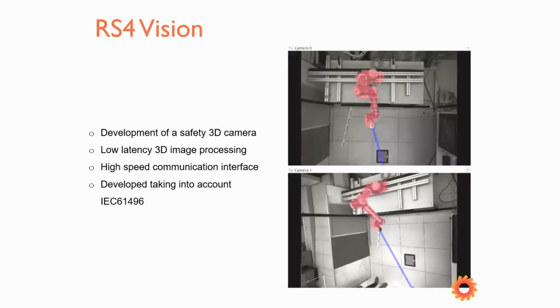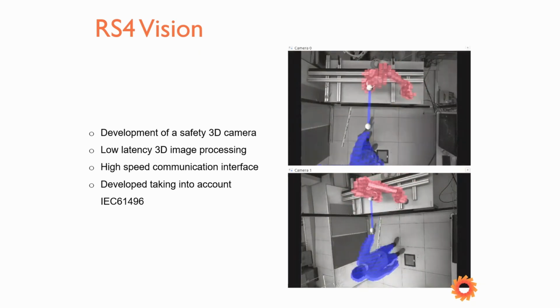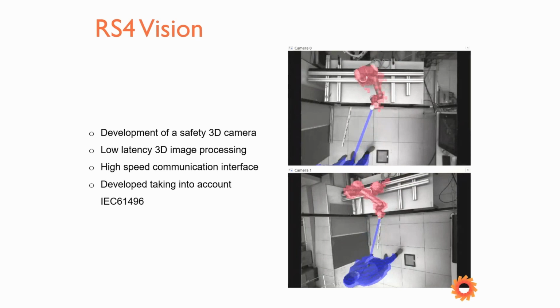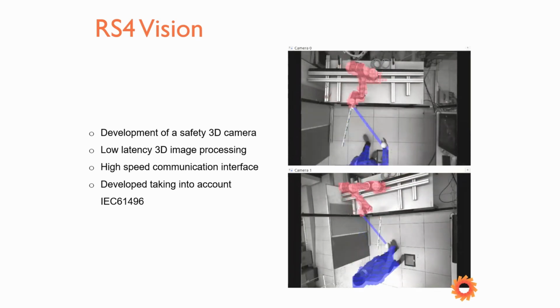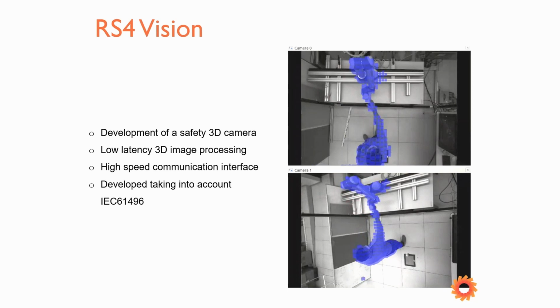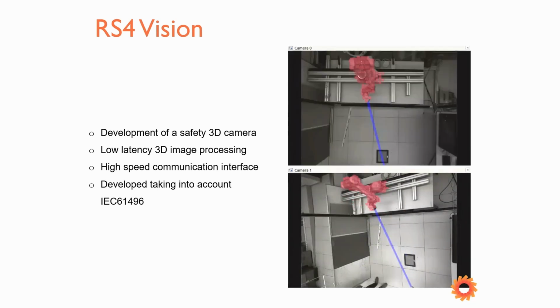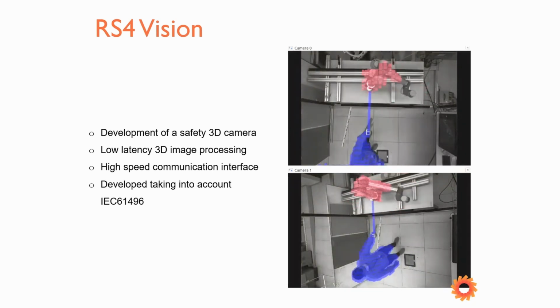Another device that we developed, which is probably the one that required more effort, is the RS4 Vision. These are 3D cameras that can be placed in the working environment, also more than one, up to 4, in order to enlarge the monitored area or to resolve the occlusion that could occur.